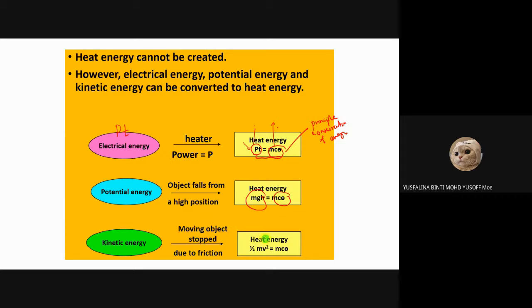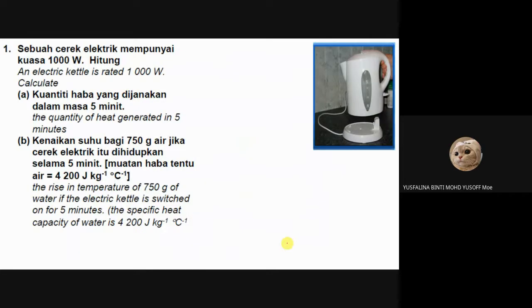So we just assume here that the kinetic energy when the object is moving is actually equal to the heat energy produced due to friction. That is the formula that maybe you can use when you calculate the heat energy. So try to answer number one first.